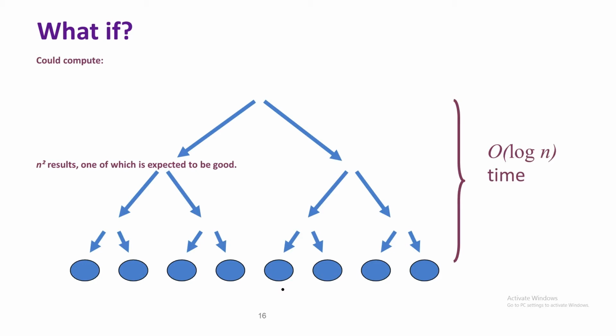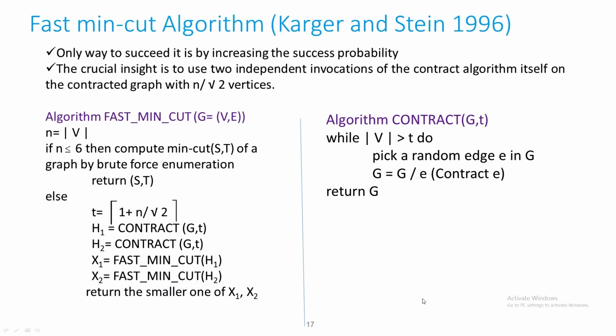In the next class, we can discuss this fast min cut algorithm. I will just explain this one. The only way to succeed is by increasing the success probability, that is, the failure probability has to decrease. But in Karger's algorithm, the failure probability keeps increasing.